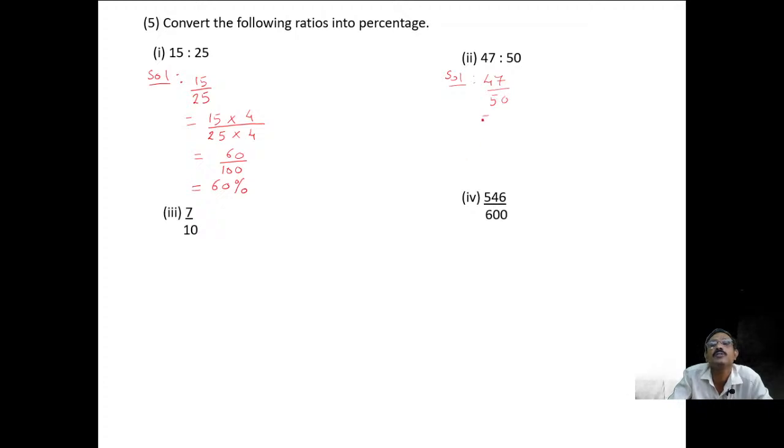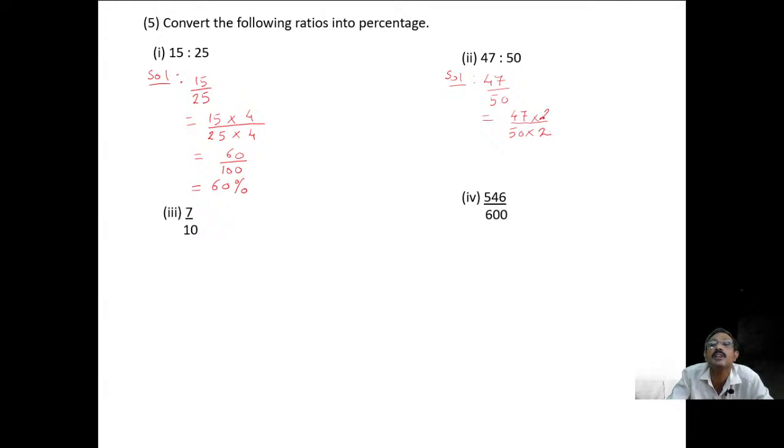This is equal to, here we want 100, so we will take 50 multiplied by a certain number, 47 multiplied by a certain number. 50 multiplied by what gives me 100? As everyone knows, 50 into 2 gives me 100.